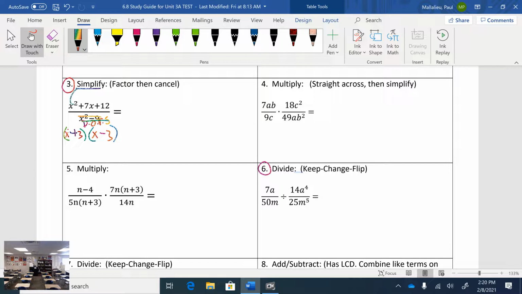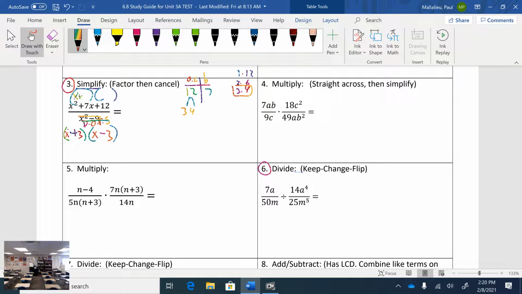The top portion here is going to be more of your traditional grouping. So we got our a times c, so we know that's 12. Our b is 7. So we have potentially 1 and 12, 2 and 6, or 3 and 4 as multiples of 12. When we're looking to see what adds up to give us the middle term, it's got to be 3 and 4.